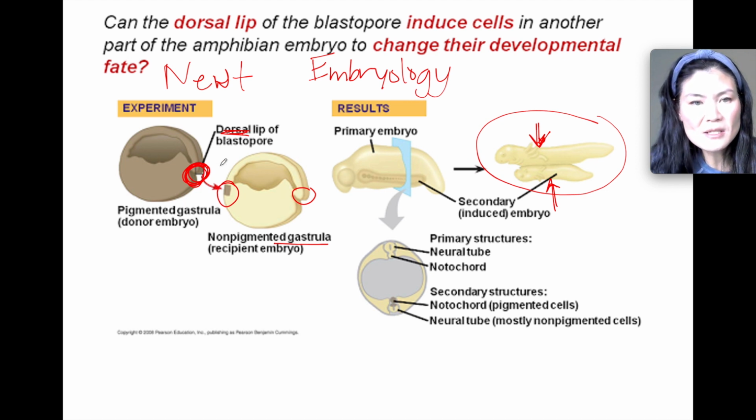Okay? So this is an example of induction, where you have cells releasing proteins, influencing the neighboring cells to become a certain type of cell, and in this case to become the dorsal side of the embryo. So because there were two dorsal lips, it ended up with two backbones. Okay.